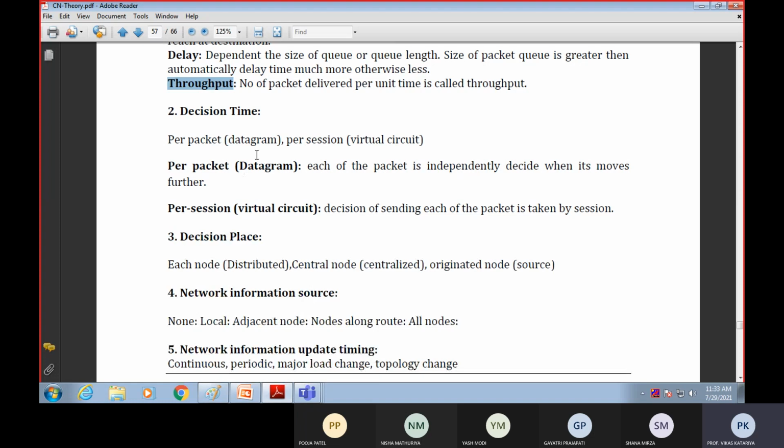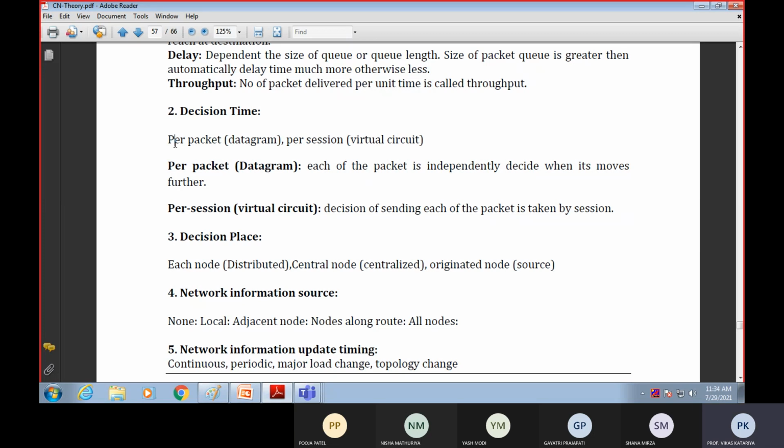Now, during the transmission of packets, decision time is the second design criterion. Who will take the decision? How is the packet delivered from one node to another node, right? Because there are so many nodes collectively connected to each other and they are making an effective path. So who will take the decision? The packet will take the decision for its next leg or next node, or the node will take the decision for the next node, right?